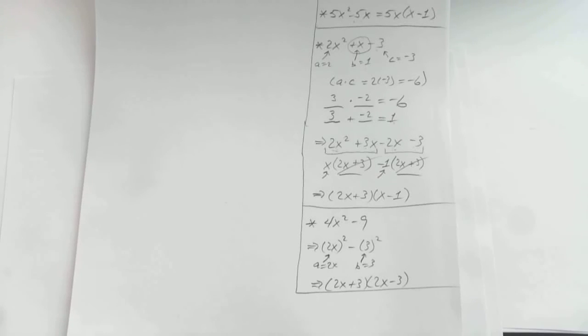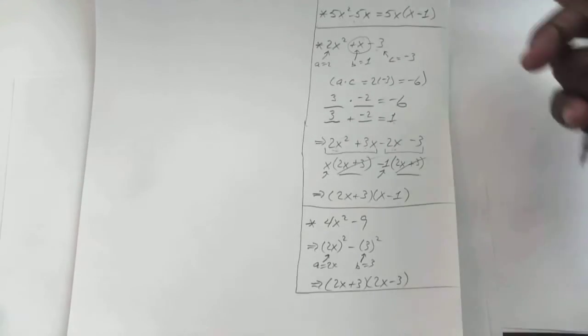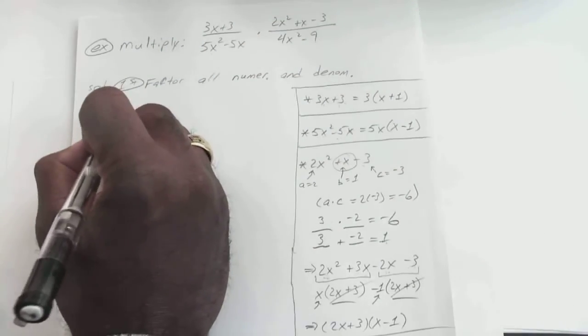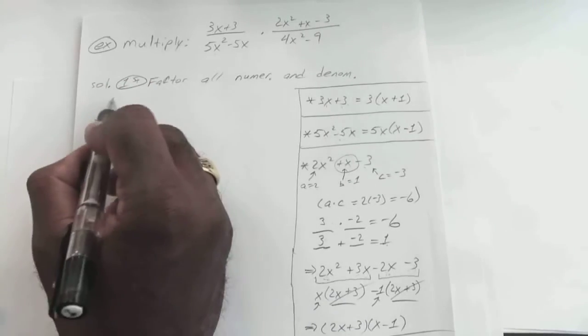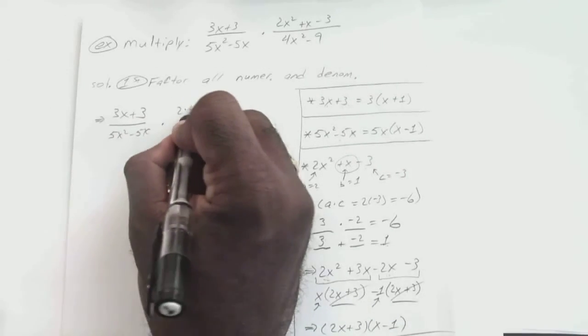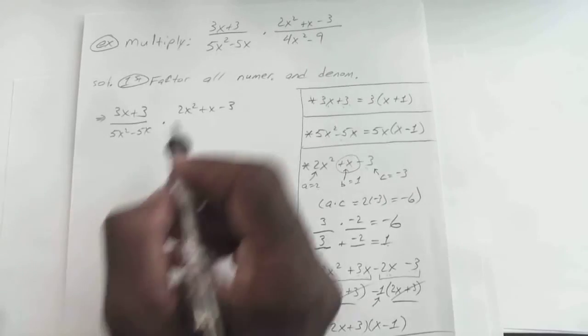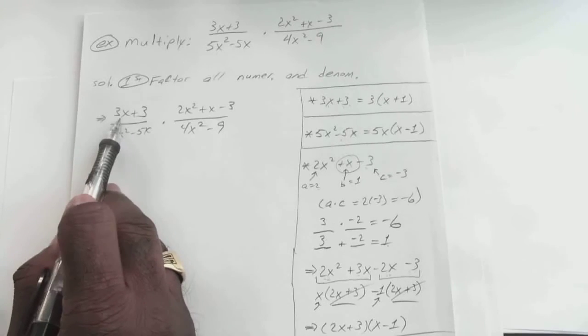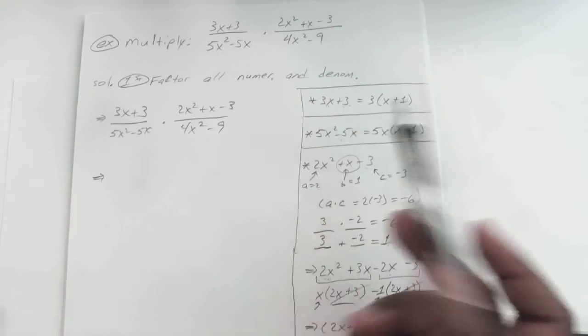Okay, let's finish writing that and then we'll go back up. Alright, so that means that our 3x plus 3 over 5x squared minus 5x times 2x squared plus x minus 3 over 4x squared minus 9, we can rewrite it as 3x plus 3 would just become 3 times x plus 1.